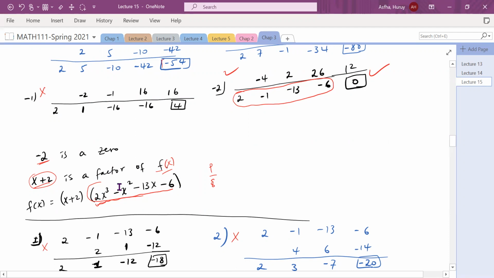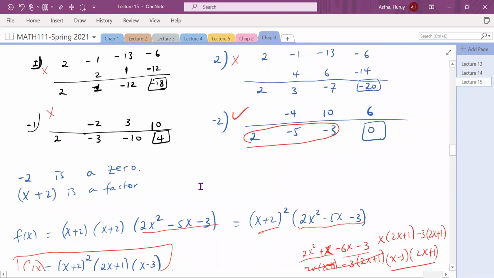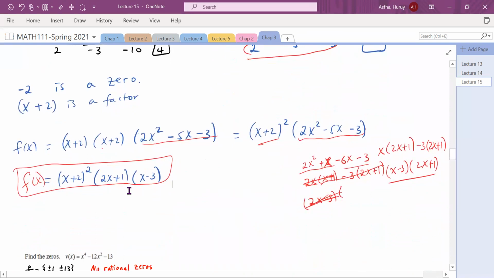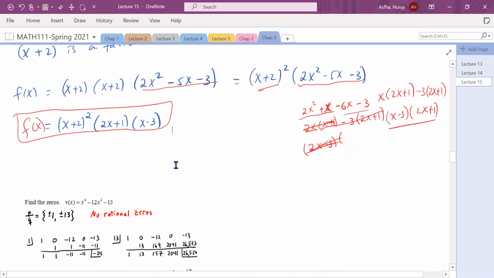If it is quadratic, if it is simple, then you don't need to divide it. We can just factorize it using the quadratic methods, or we can use the quadratic formula. If it is more than quadratic, then again we have to divide it to find another factor, and by doing so we can finally arrive at the factorized form.